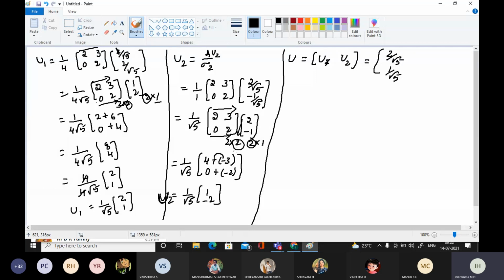I will consider U1 so divide by root 5; you take 1 by root 5 inside the matrix. So next U2. U2 will be 1 by root 5, minus 2 by root 5. Is it clear in finding U?